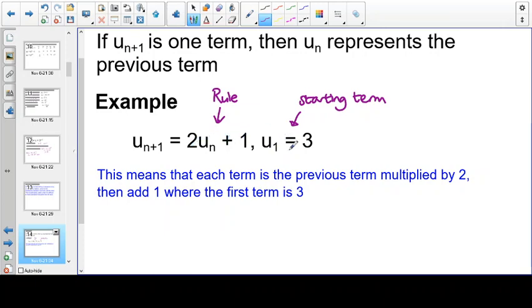And the starting number, the first term, is a 3. So if we had to generate this sequence, the first term would be a 3. To get the next term, so this is u1, u2 is going to be 2 times u1 plus 1. So 2 times 3 plus 1 is 7.